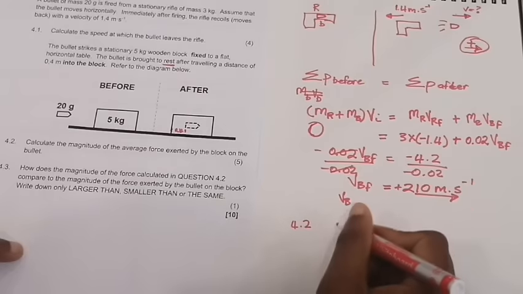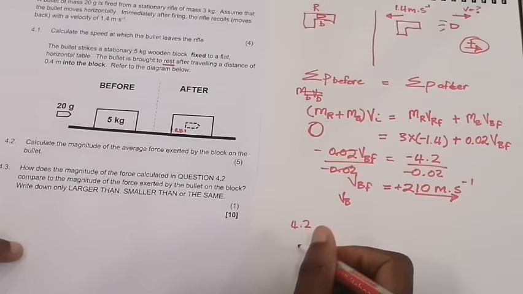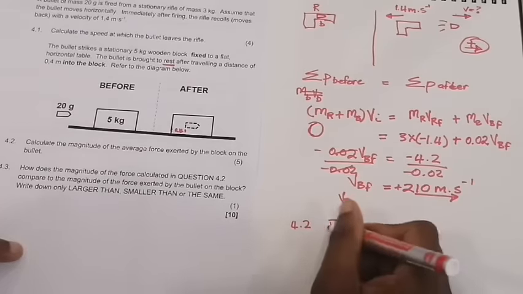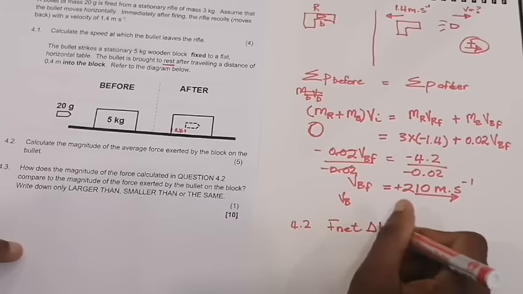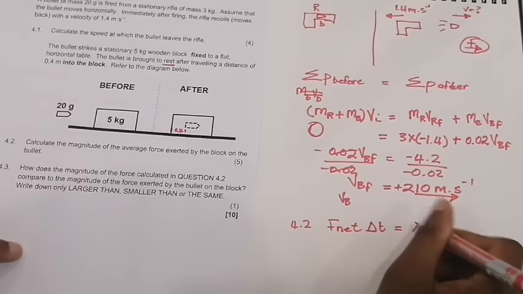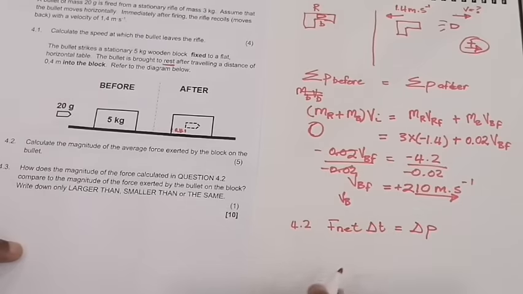Note what I'm going to do very quickly. In order for us to apply the impulse momentum equation, I want you to note where my challenge is, and why I'm going to do what I'm going to do.